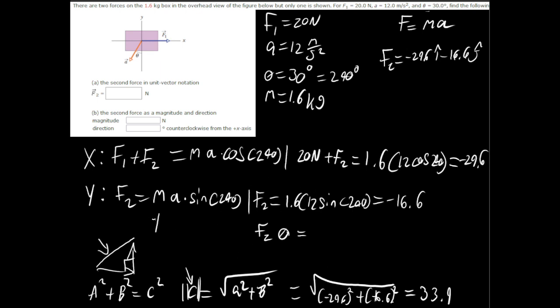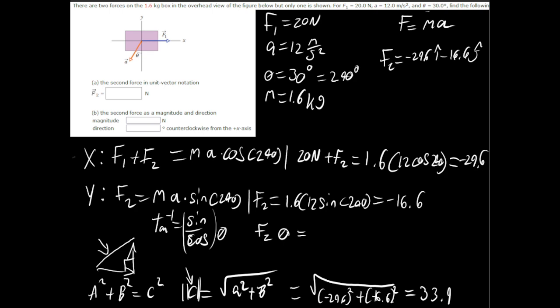Now tan is sine over cosine. So if we take the inverse of this, then we would be left with the theta of sine over cosine.